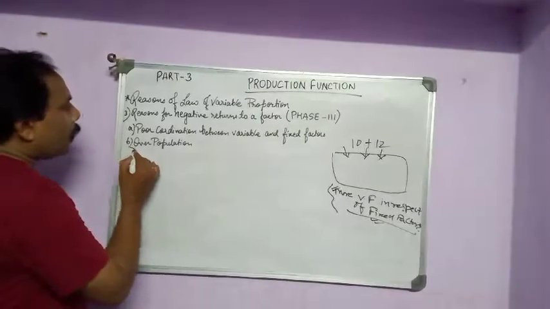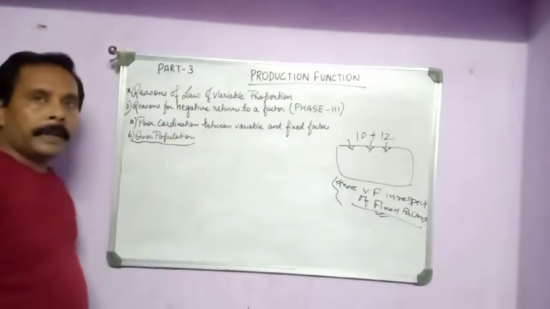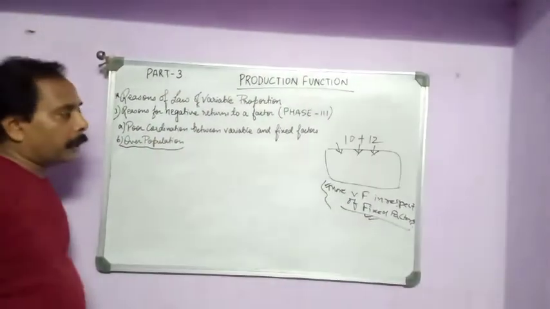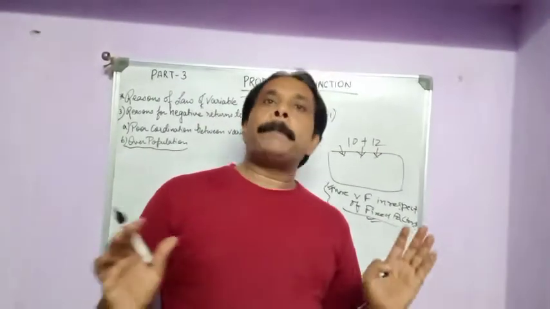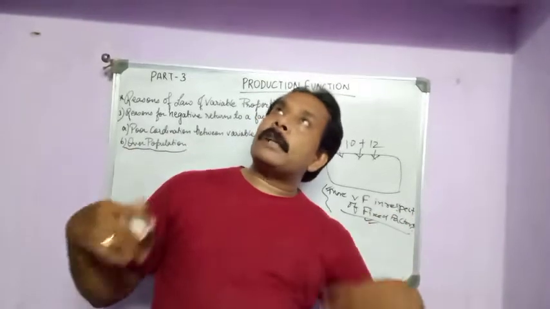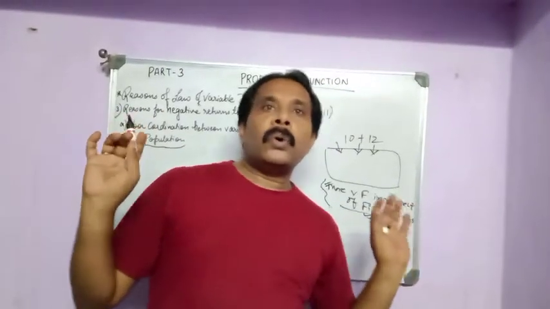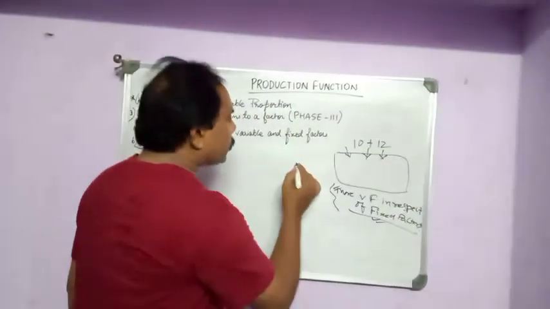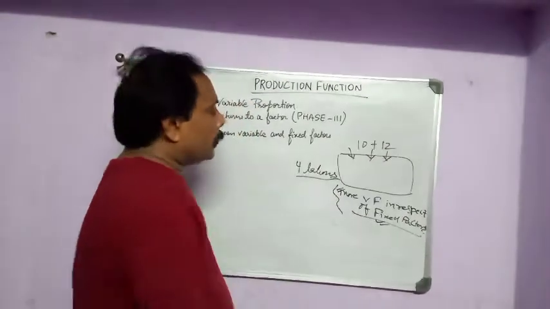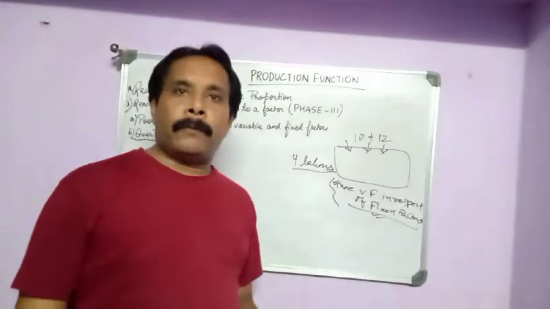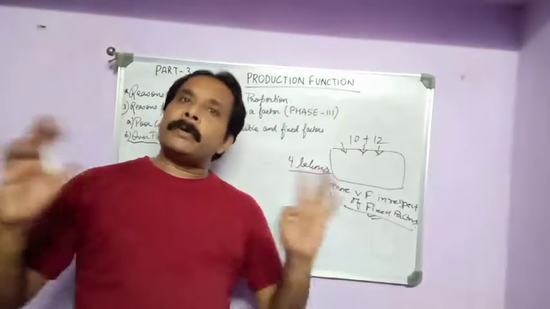Now come to the overpopulation. Okay, so overpopulation means what? Suppose I have to do a particular work such as whitewashing of the house. So one house requires maximum 4 labor. Is it clear? So 4 labor is enough for whitewashing.